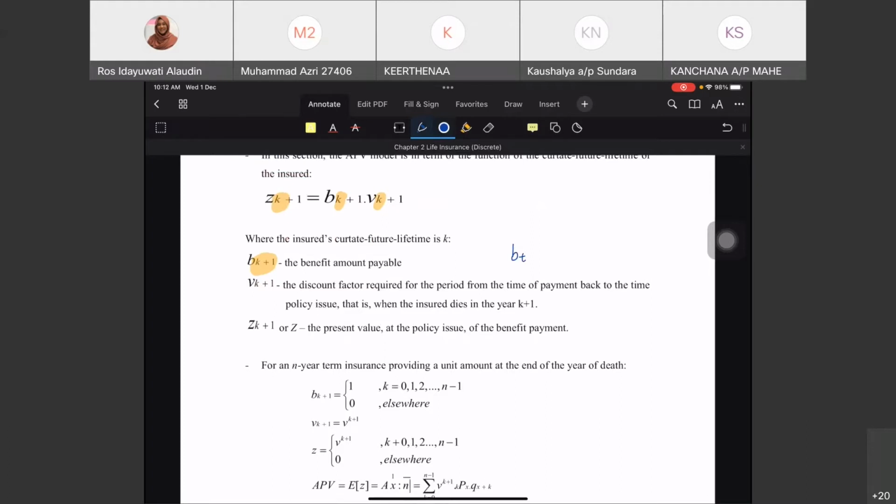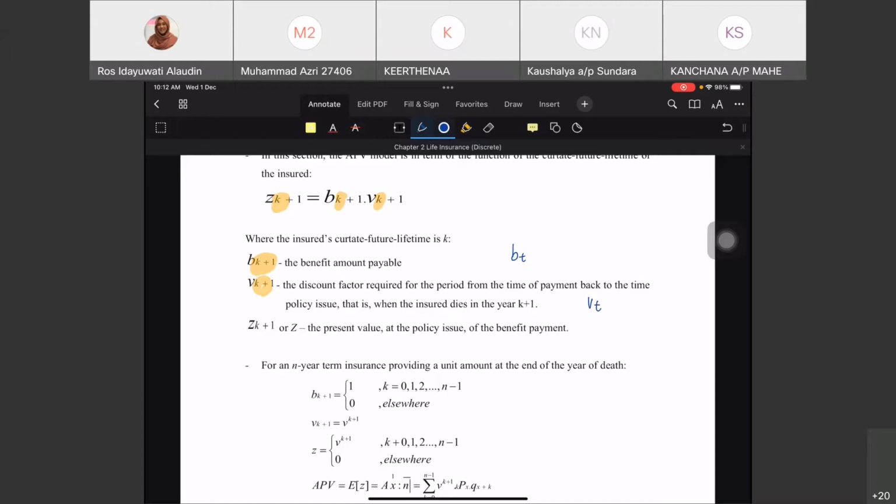Why do we start with plus 1? Because it's starting from t equal to 1, at the end of that year. So it's not from 0. So we plus 1, and VK plus 1 also. Before this, we use VT in continuous.